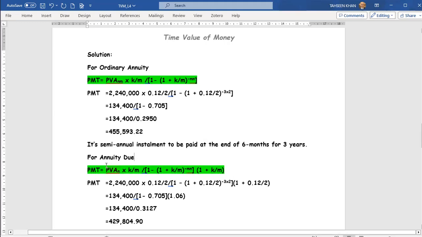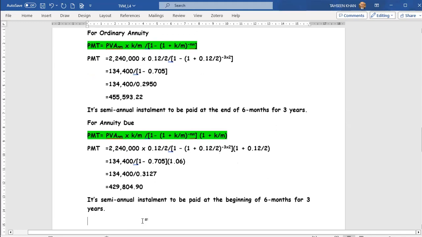We have the formula for annuity due: PMT is equal to PVAN multiplied by K divided by M, the whole value divided by 1 minus 1 plus K divided by M power minus MN, multiplied by 1 plus K over M. After putting the values, the answer comes to 4,29,804.90.